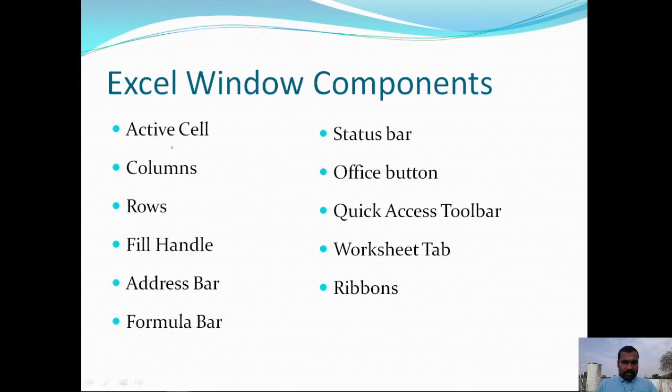Let us give a brief discussion about all these things: active cell, column, row, fill handle, address bar, formula bar, ribbons, worksheet tab, quick access toolbar, office button, status bar, title bar, and so on. All these things we are going to discuss.